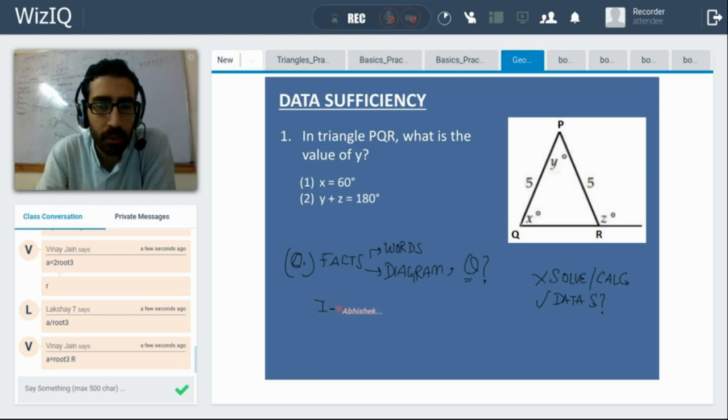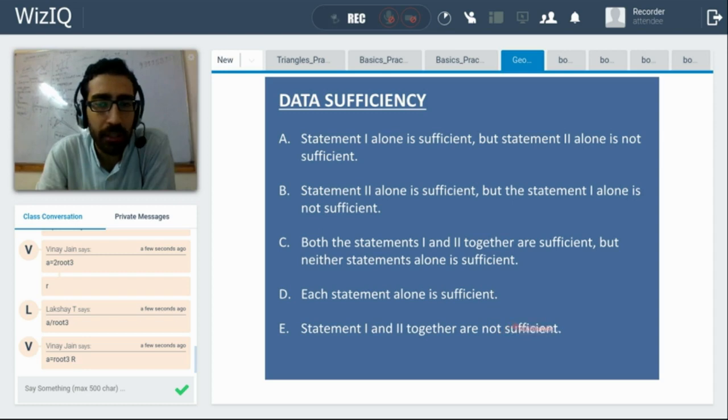And data sufficiency is checked through statement 1 and through statement 2. There are a variety of ways in which you can use 1 and 2. You can use 1 alone, or use 2 alone, or combine the 2. All the different possibilities are covered in these 5 standard options, as I said in the beginning. Option A is that statement 1 alone is sufficient, but statement 2 alone is not sufficient.